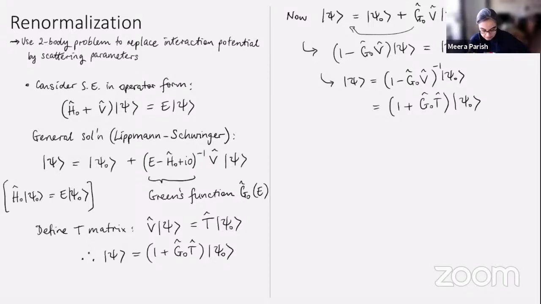Right. And so finally, if you rearrange that, which is a useful exercise, you can find that actually this T matrix is just given by this. This is what I'm after here.